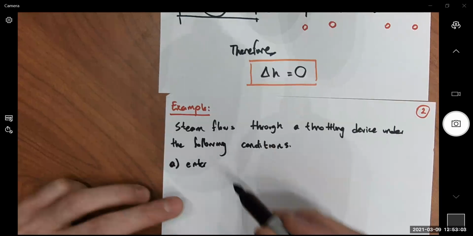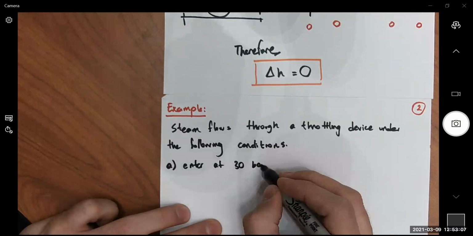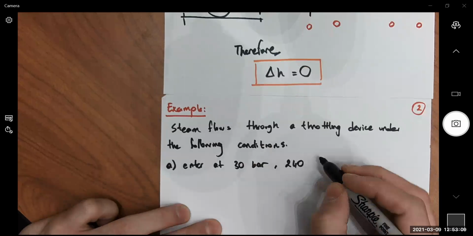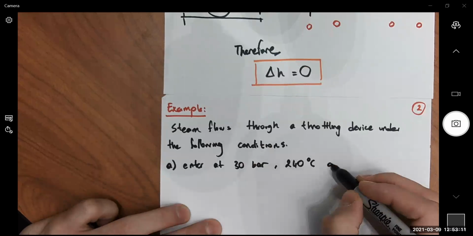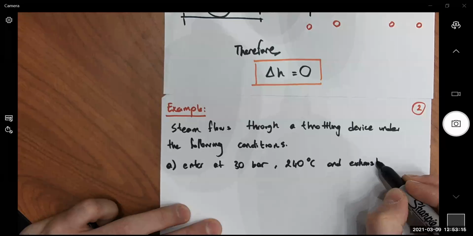A: Steam enters the device at 30 bar and 240 Celsius and exhausts at 7 bar.